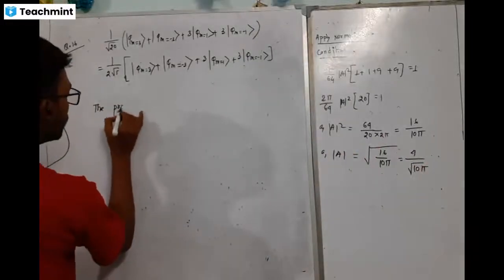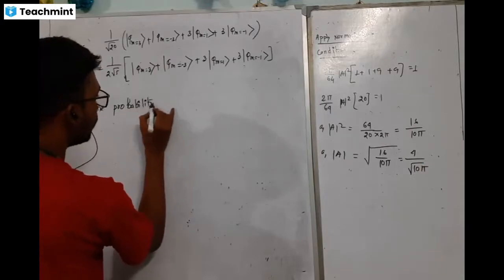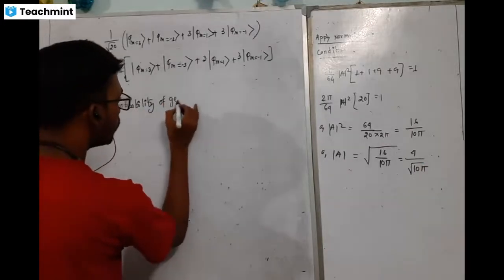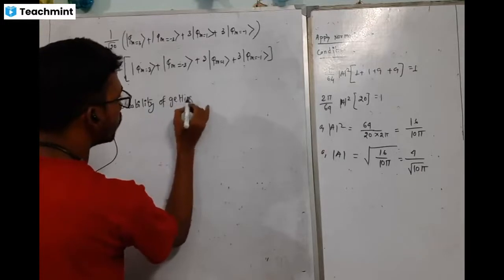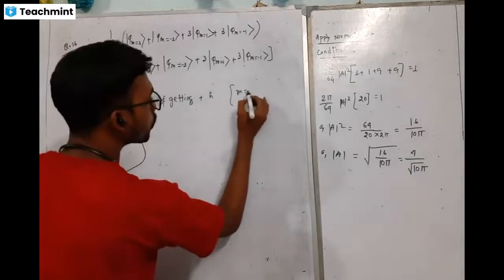The probability of getting +ħ, that means m = 1.